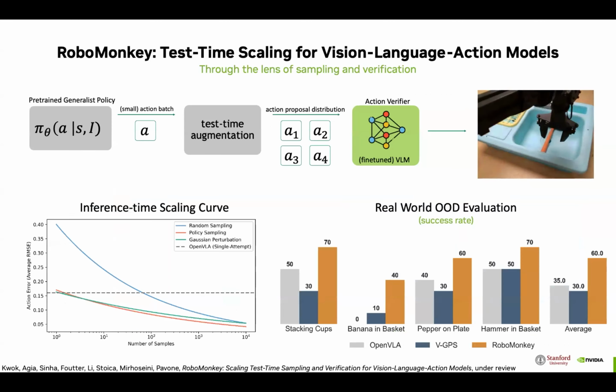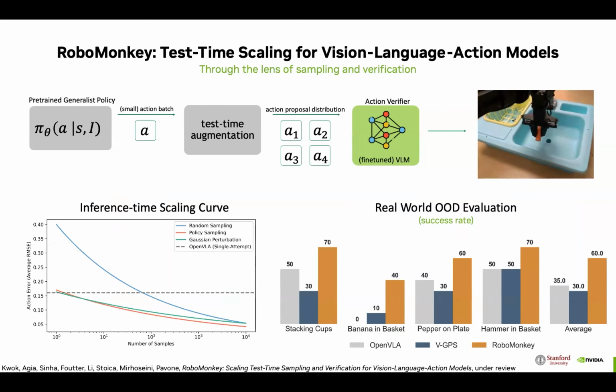Now, of course, chain of thought reasoning and meta action outputting is not the only way to leverage test-time compute. In another work that we have submitted recently, we look at different ways of leveraging test-time compute through the lens of action sampling and then verification, more in a paradigm of generate and then verify.